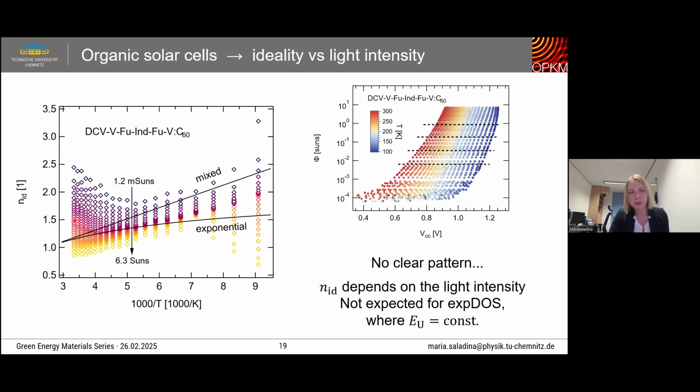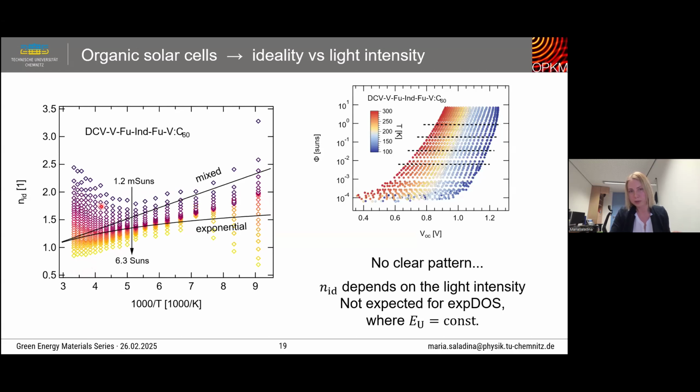So first of all, we see that the ideality factor is indeed temperature dependent, which tells us already that the trapped charge carrier doesn't come from the Gaussian density of states. But another thing, which is unexpected for the exponential, is that the ideality factor depends on the light intensity. These different colors represent light intensities.